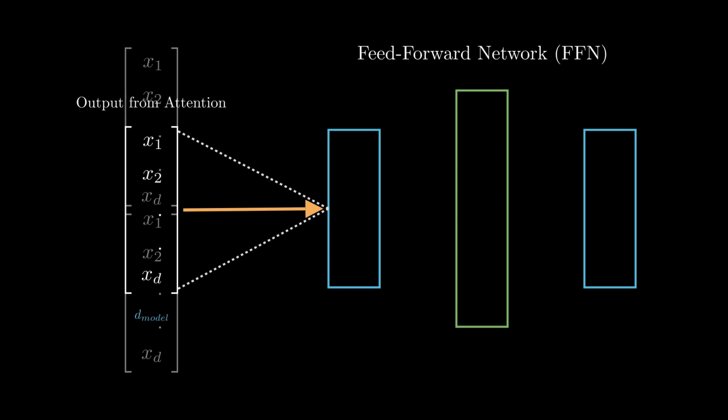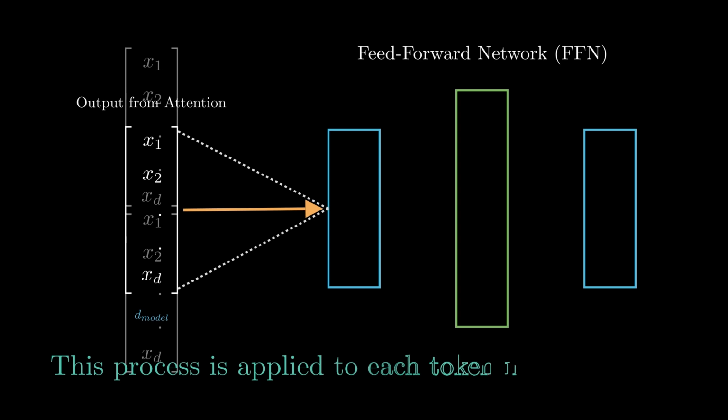You can imagine all the token vectors lining up and passing through the same processing station, one after the other, or even all at once in parallel. This combination of inter-token communication via attention, followed by independent, per-token processing in the FFN, is the fundamental rhythm of the transformer block, repeated over and over to build up a deep understanding of the input text.